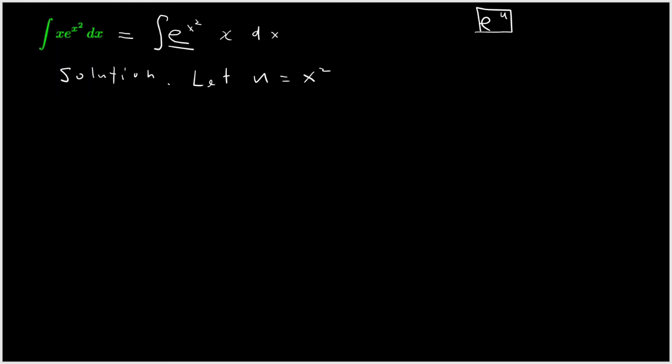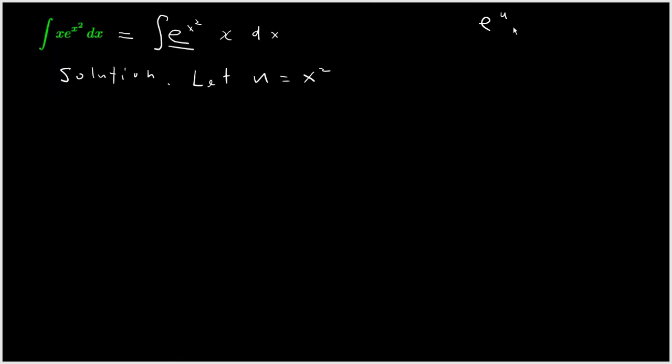I'm going to use the box to represent other things. One factor will become e to the power of u, and e to the power of u has an easy-to-find antiderivative. Looking at the basic formulas, the antiderivative of e to the power of u is e to the power of u, right?